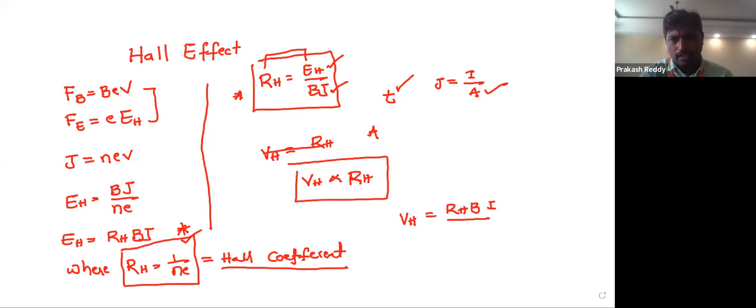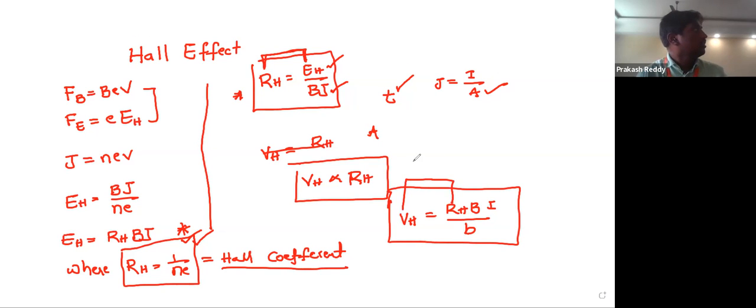Something thickness we are getting, I think. B, breadth of the sample or thickness. This is the relation: the first equation for the Hall coefficient, the second between RH and EH, and the third between VH and RH. Fine. VH equals RH into B into I by t.